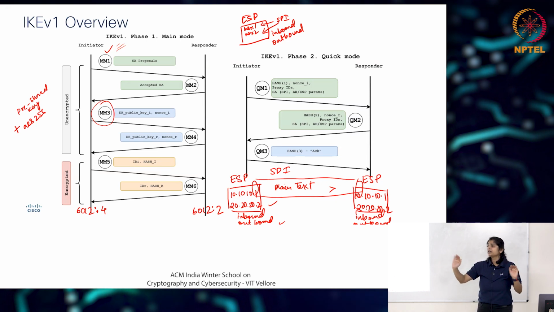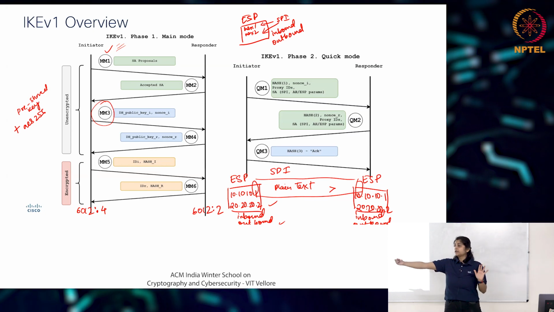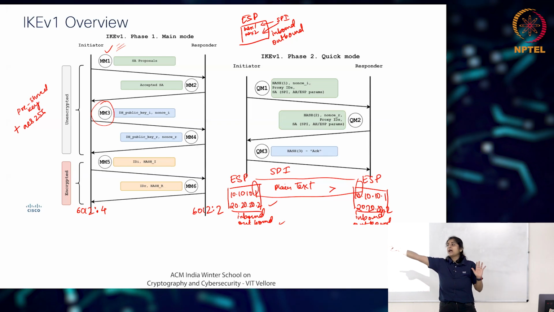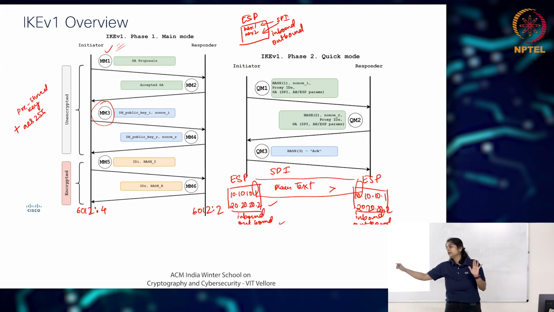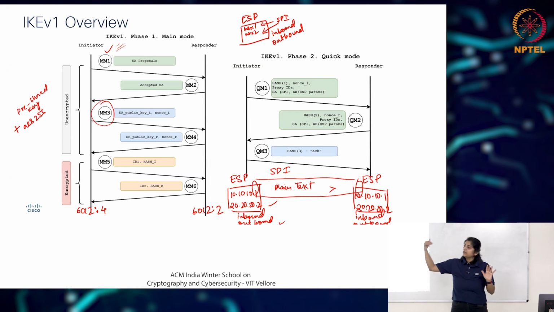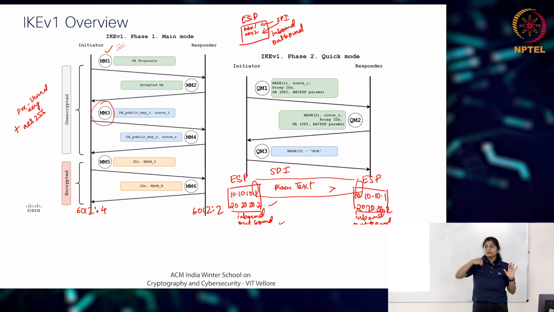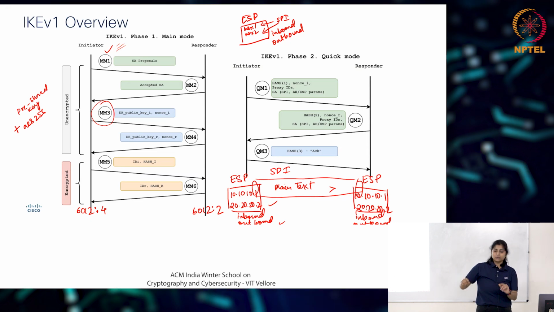We just want to encrypt the data and decrypt the data back. So if I am encrypting with one SPI, the decryption SPI of the other device should be the same. That is when the same data will match. And in return, whatever is the inbound SPI of the responder will be my outbound SPI. Okay, so this is how it is done.